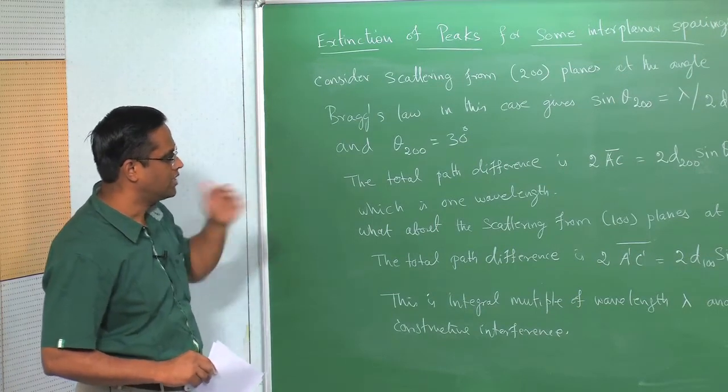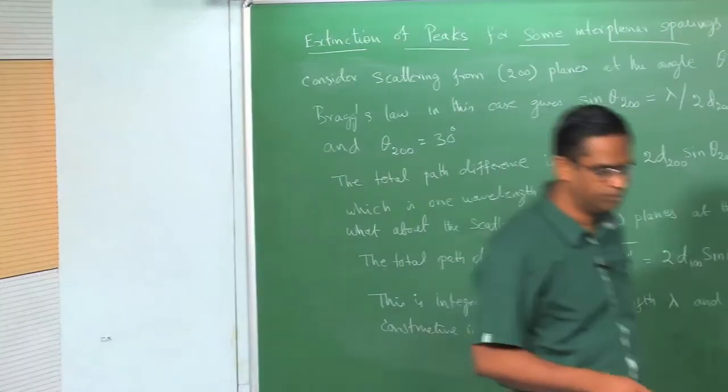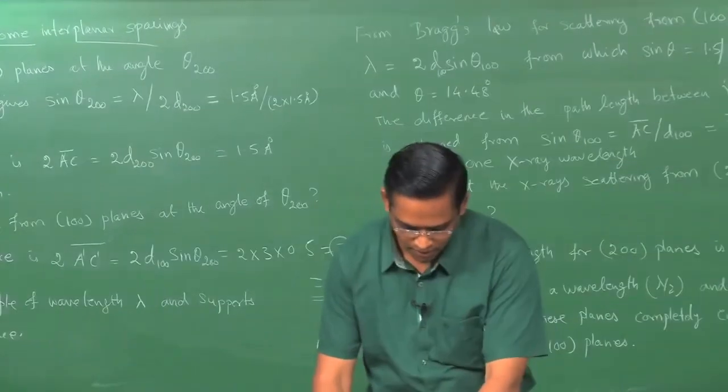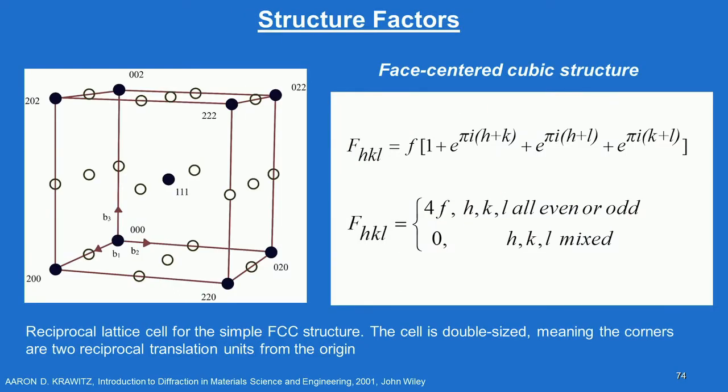So, these two examples gave you some kind of an appreciation for this concept, and now we will move on to the next example. Come back to this slide. If you look at this slide, this is a structure factor calculation for a face centered cubic structure, and if you write the expression, you have 4 atoms per unit cell.